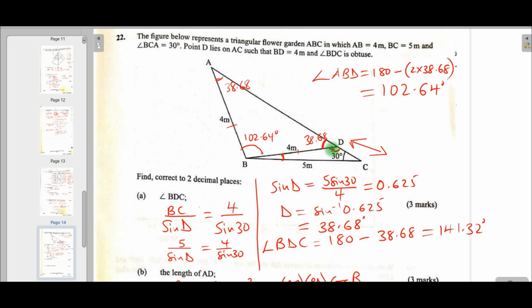So we already have this opposite angle, which was 141.23 plus 30, so that is 171.82. Subtract it from 180, we are going to get 8.68 degrees. So this small angle here is 8.68 degrees.